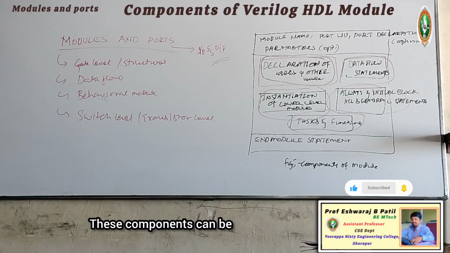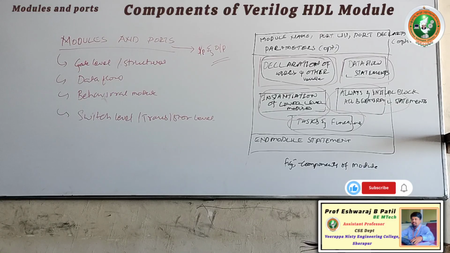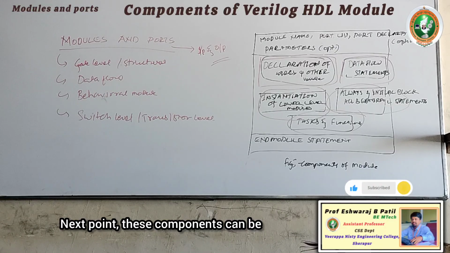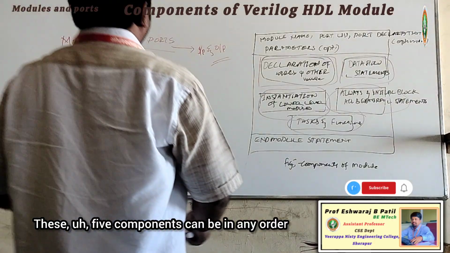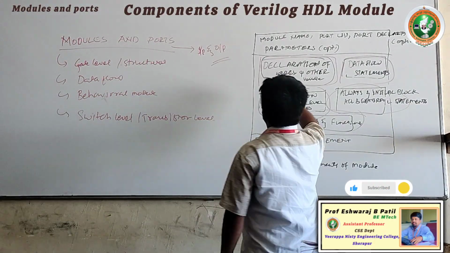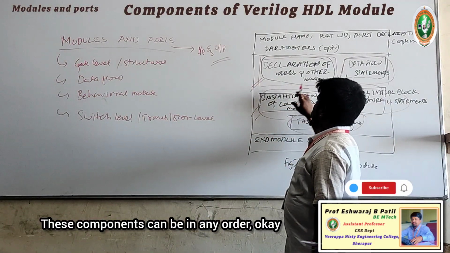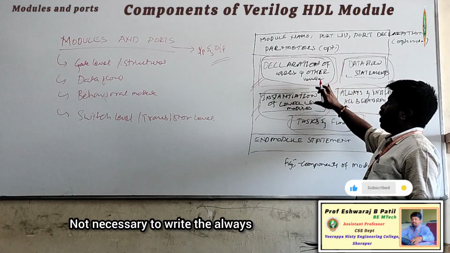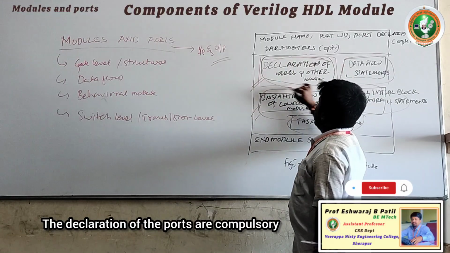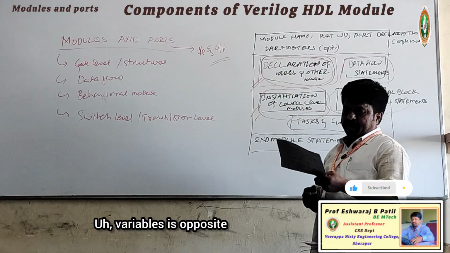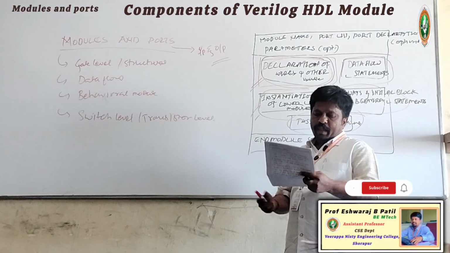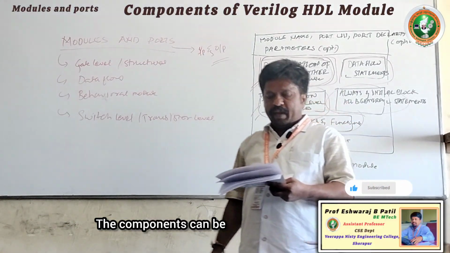These 5 components can be in any order. It is not necessary to write the always block. The declaration of the ports is compulsory, variables is the opposite.